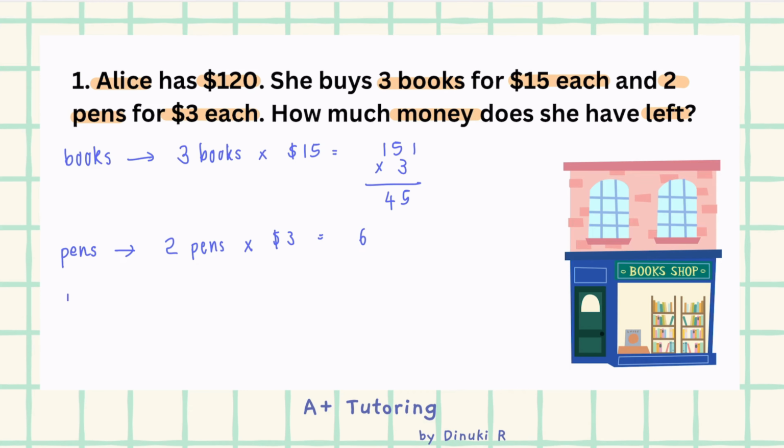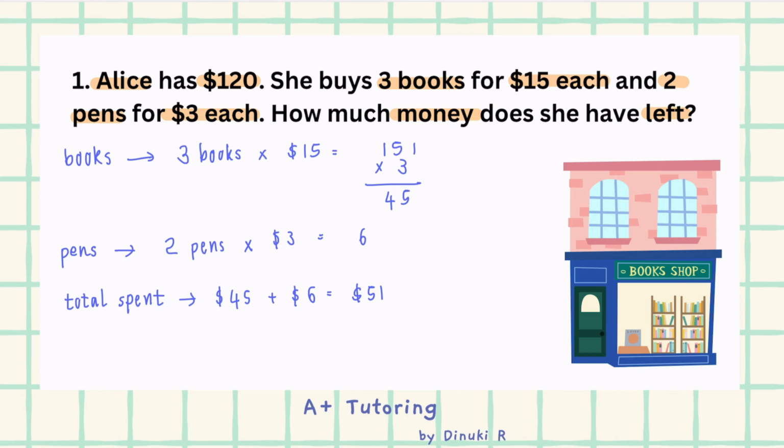Now, how much does she spend in total? To figure that out, we need to add how much she spent on the books plus how much she spent on the pens, which is $45 plus $6 gives us 51.